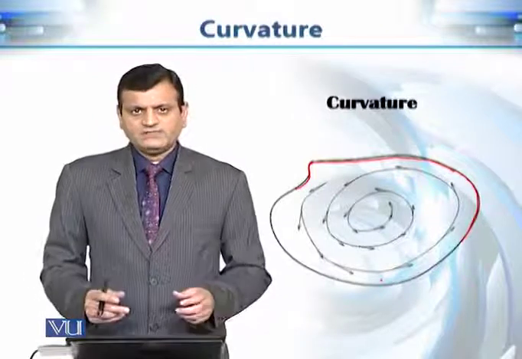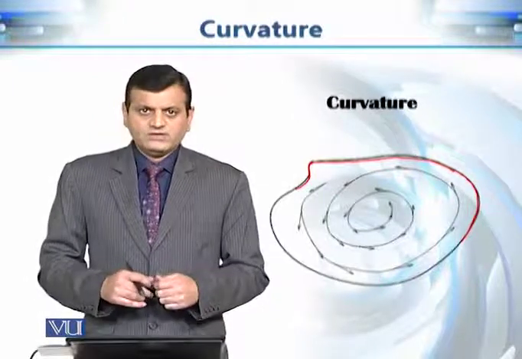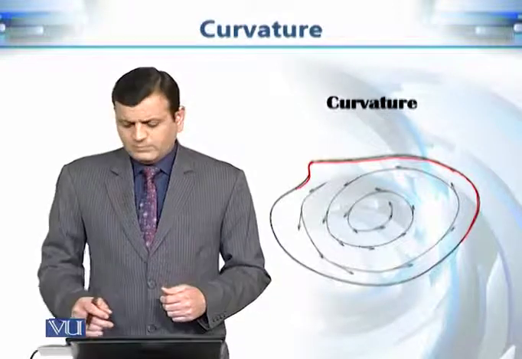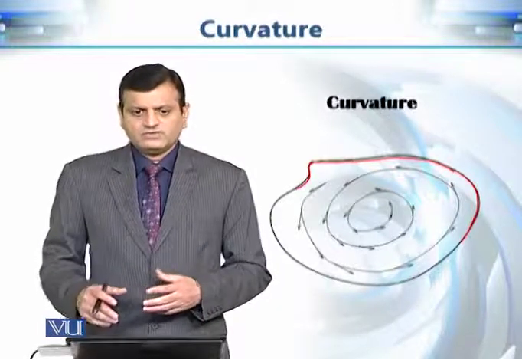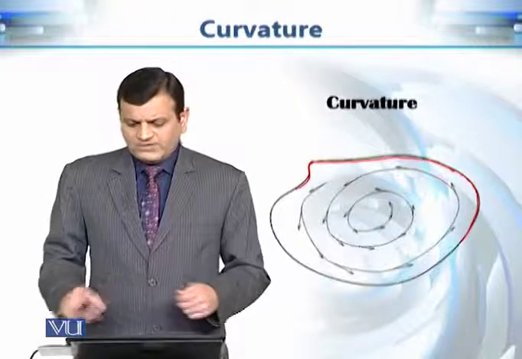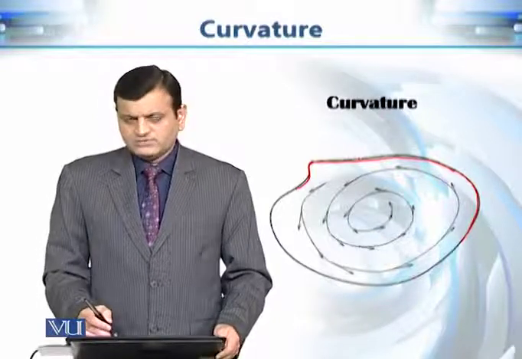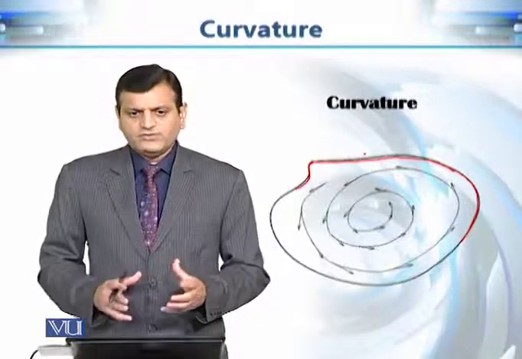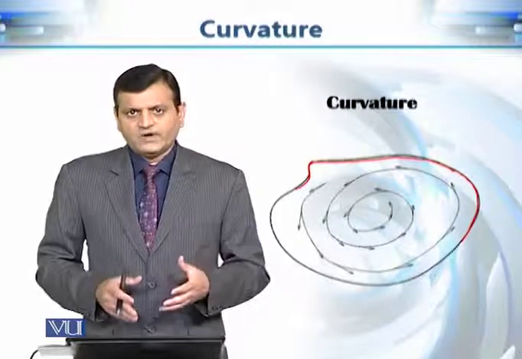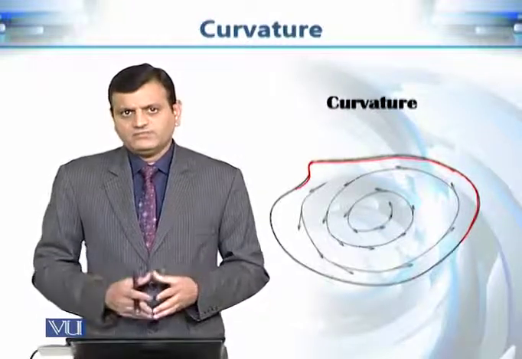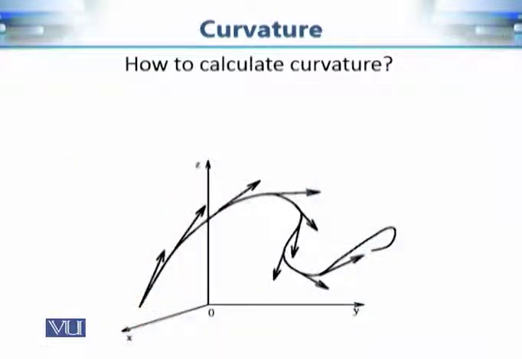At some points the curve is closer to a straight line, and at some points it's closer to a circle. So sometimes there is a faster rate of turning, and sometimes there is not. We want to be able to differentiate what the curvature of the given curve is at each point. Now let's see how we calculate it mathematically.